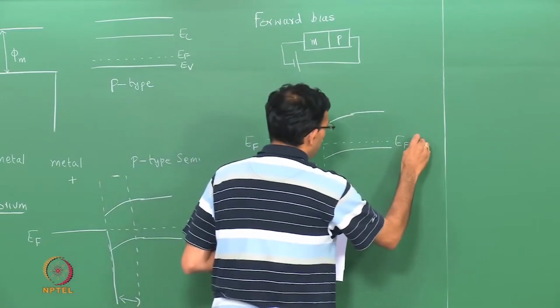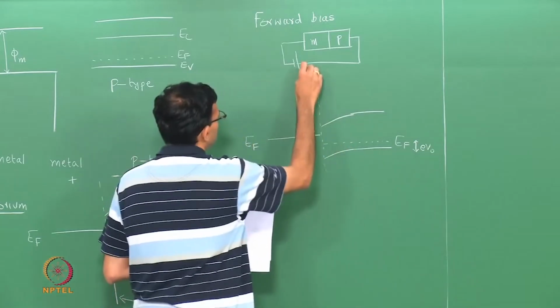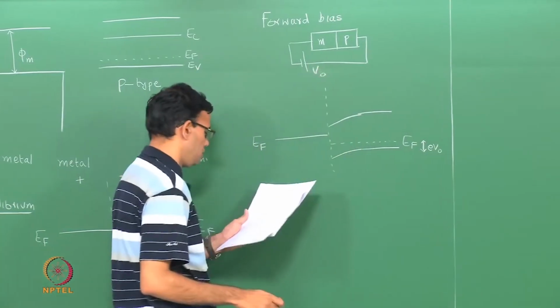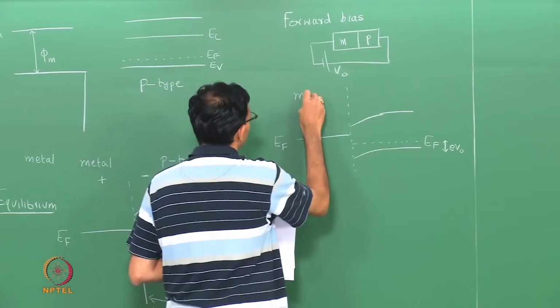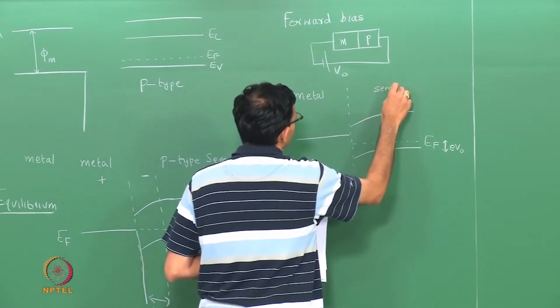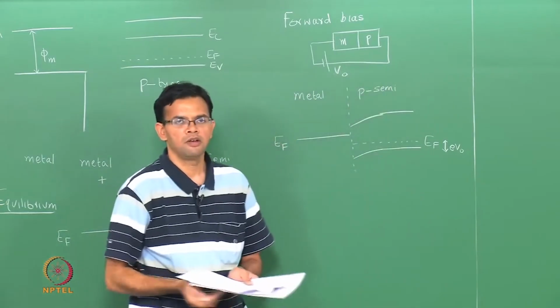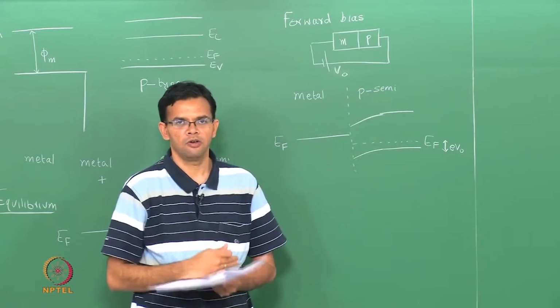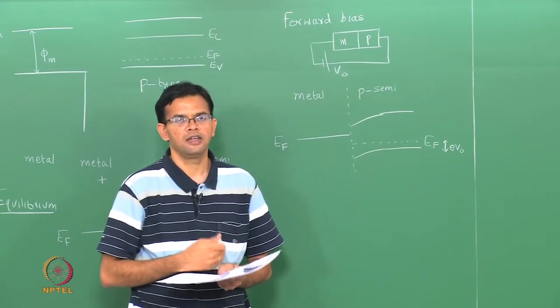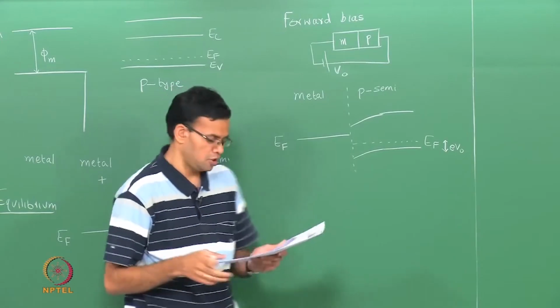And this shifting down is given by your external potential, that is V naught. So, here the barrier for the motion of the electrons and holes is reduced, so that there is an increasing current when you apply an increasing voltage.